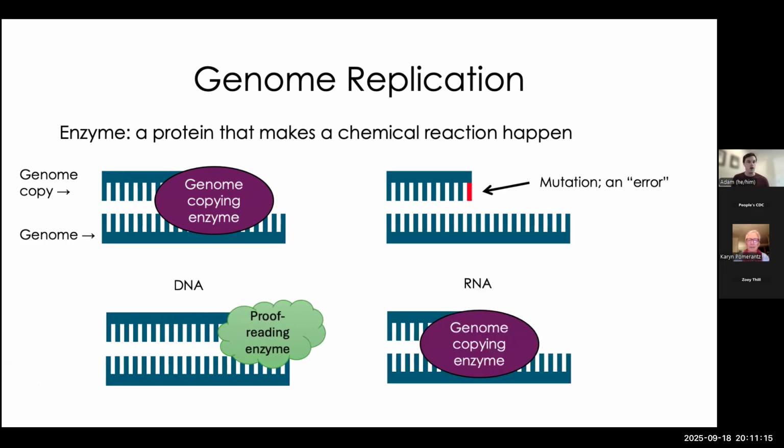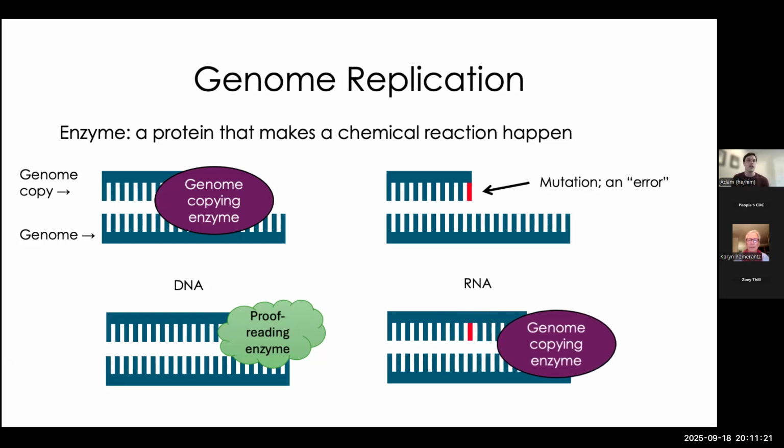But if you're dealing with RNA, there is no proofreading mechanism. So that mutation, that error, stays in there and it's never fixed. That's now part of the genome copy that has been made. And so this is, of course, a central part of a virus's life cycle.